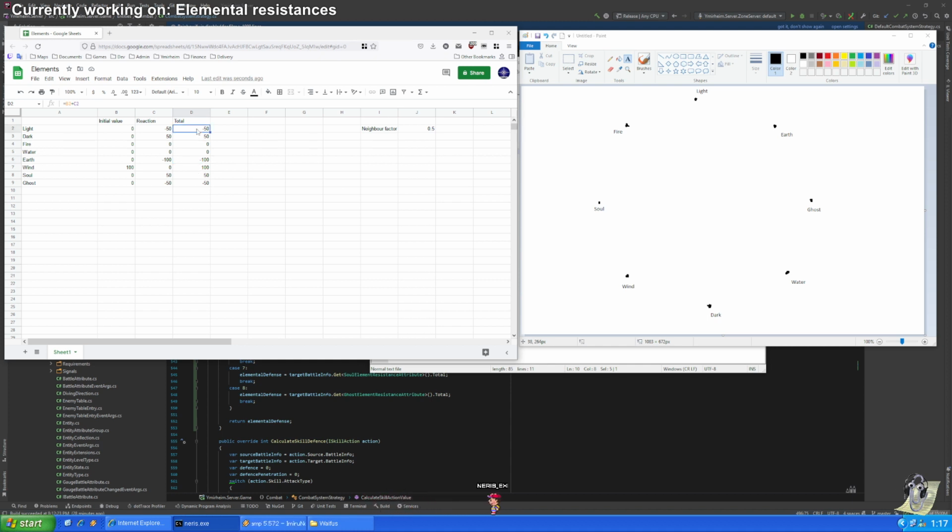So minus 50 light. Wait, where is it? So added wind, this one. So minus 50 light, plus 50 dark, yes. Plus 50 soul, minus 50 ghost, yes. Earth.